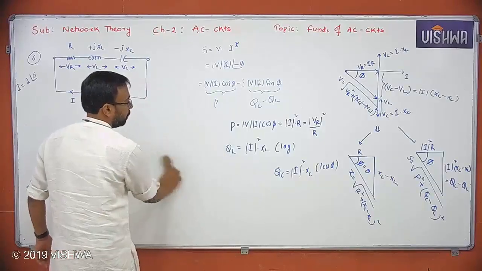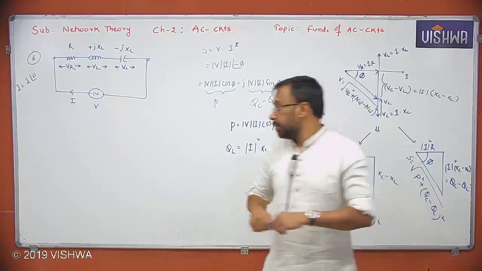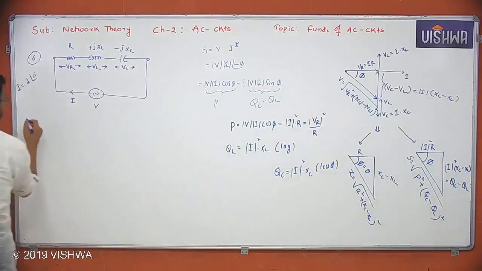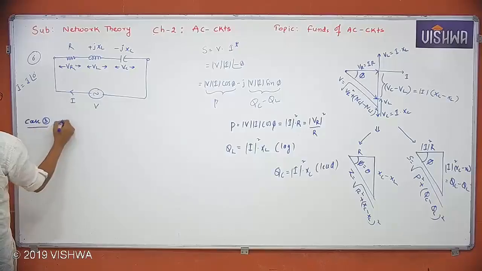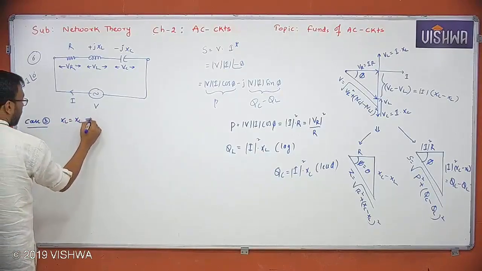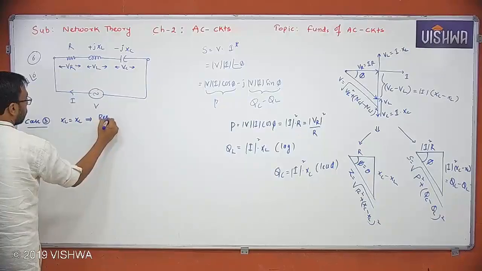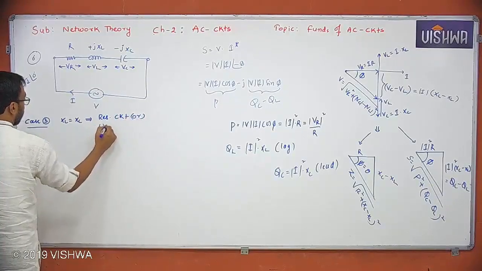Case 3. XL is equal to XC. It behaves like a resistive circuit or unity power factor circuit.